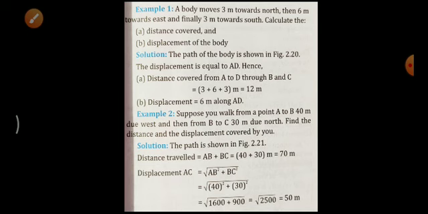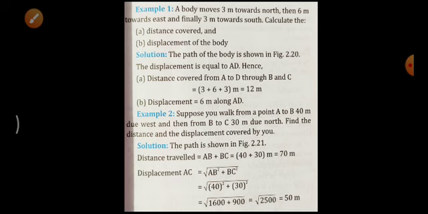If we join them, we will get a right angle triangle. In the case of a right angle triangle, one formula is there, the Pythagoras theorem: hypotenuse squared is equal to base squared plus perpendicular squared, or hypotenuse is the root of base squared plus perpendicular squared.